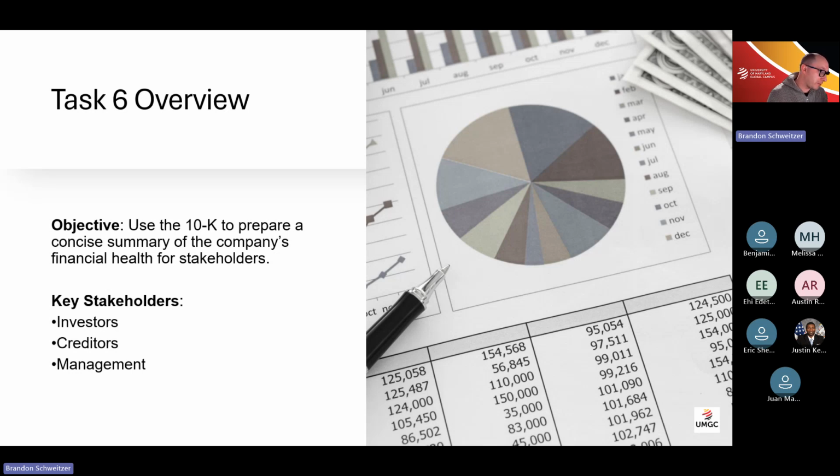And these would include people like the investors, creditors, management, etc. These are your typical stakeholders of a company. And I want you to really understand what the company's financial health means for our stakeholders. That's the biggest purpose behind this.